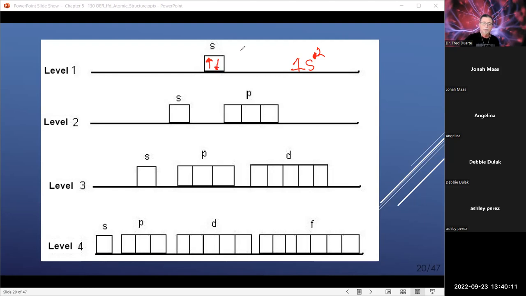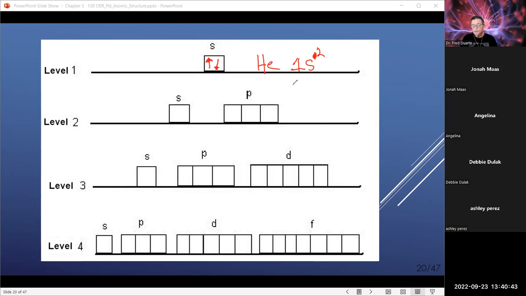This is beyond the scope of Chem 130, but basically what the arrows going in different directions tells you is that within each orbital, where it has 2 electrons, the requirements of the calculations mean that if 1 electron goes in one direction, the other one goes in the opposite direction. So that right here would be the electron configuration for helium.